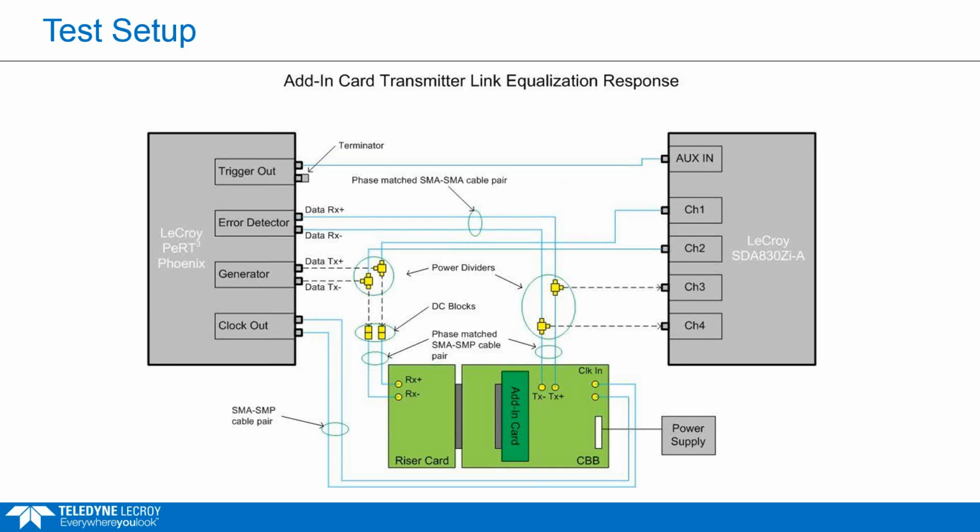We don't have to capture the entire link training sequence. And then in this case, we're testing an add-in card, so we need to supply a clock also from the PeRT. So we have a clock out from the PeRT into the add-in card. So we're going to use this PeRT to exercise the add-in card, and then we're going to pick off the signal and look at it on the scope.